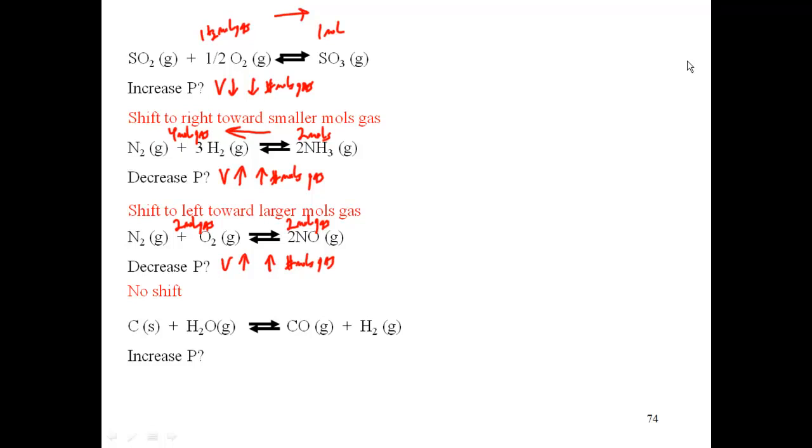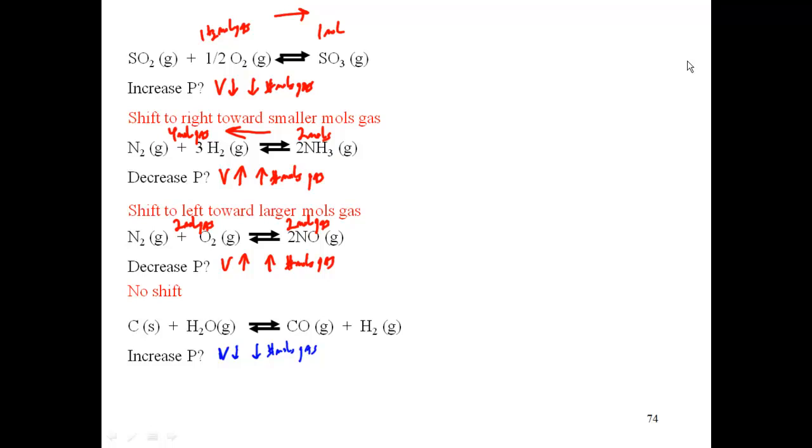Let's look at the last one. Talking about an increase in pressure, which means a decrease in volume or a decrease in the number of moles of gas. How many moles of gas do I have on the reactant side? Well, you've got 1 carbon solid and 1 water gas.